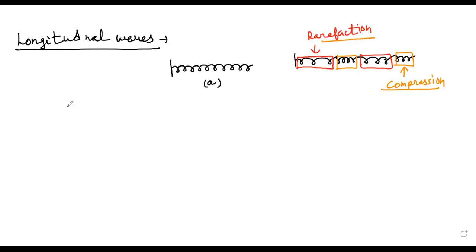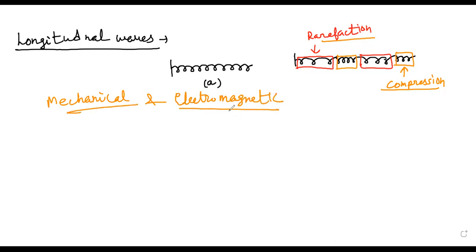Now, basically, we have two types of waves: mechanical and electromagnetic. What is the difference between electromagnetic and mechanical waves? Mechanical waves need a medium for their propagation, and electromagnetic waves do not require any medium.